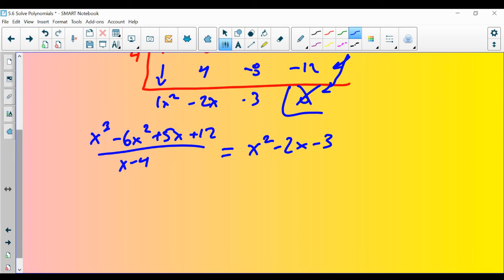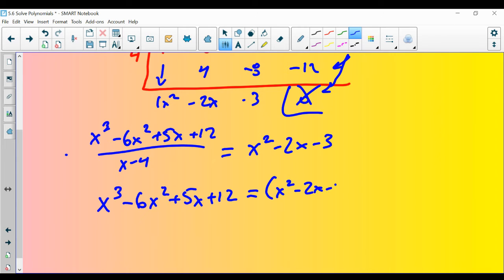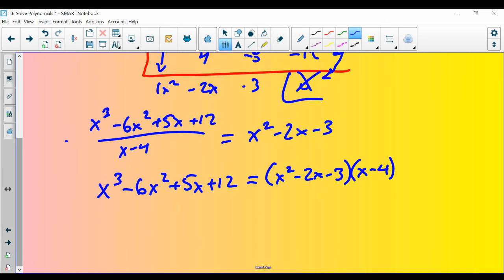We could also state that if you multiplied by x minus 4 here, multiplied by x minus 4 here, this is also a true statement. X to the third minus 6x squared plus 5x plus 12 is equal to x squared minus 2x minus 3 times x minus 4. Well, we've already almost completely factored this.